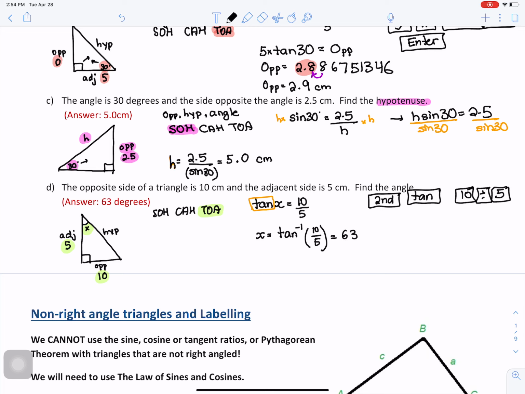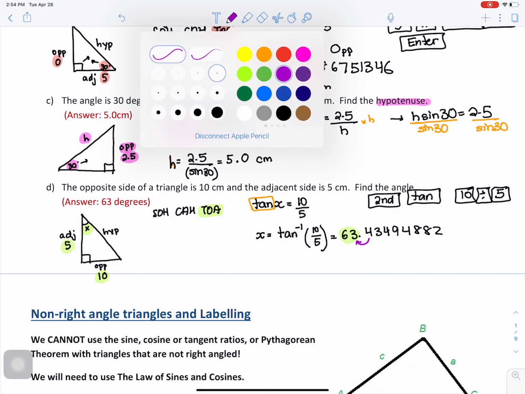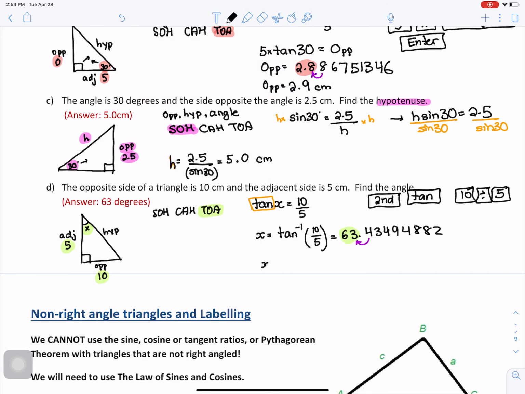I get 63.434948882, and I want to round to the nearest whole number because angles are usually given to the nearest whole number. I look at the decimal beside the number I want to round. It's a 4, so that answer just stays 63 degrees.